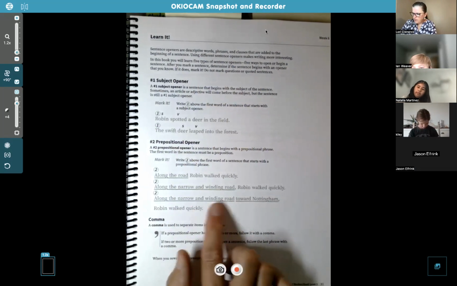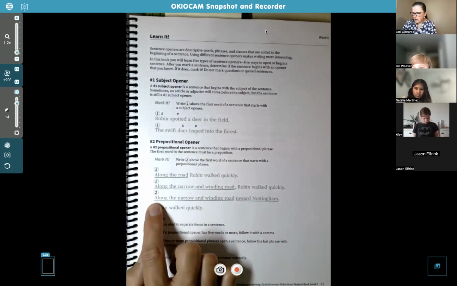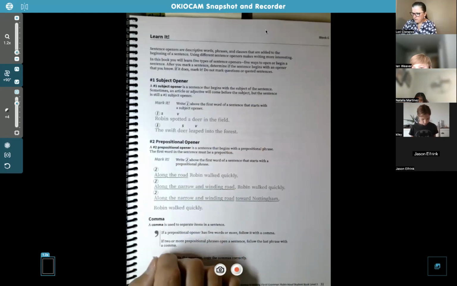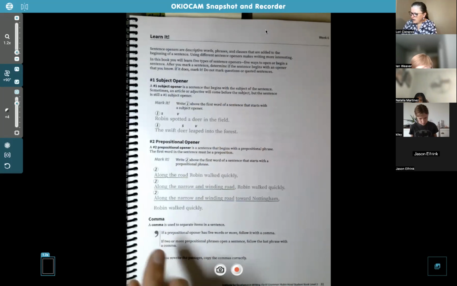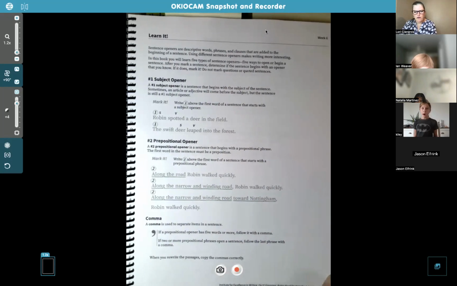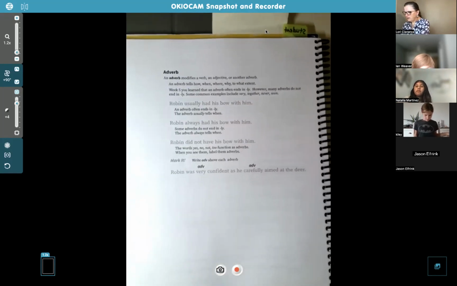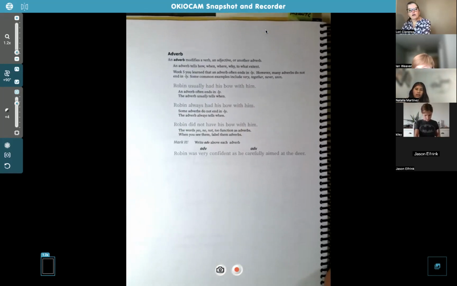If you have two back to back like that, that's when you use a comma, but it's still labeled a number 2 for the prepositional opener. And then these comma rules I already went over as we talked about those sentences. So does anybody have any questions about this page? No? Okay, good. There's a little more on the back. Page 32.